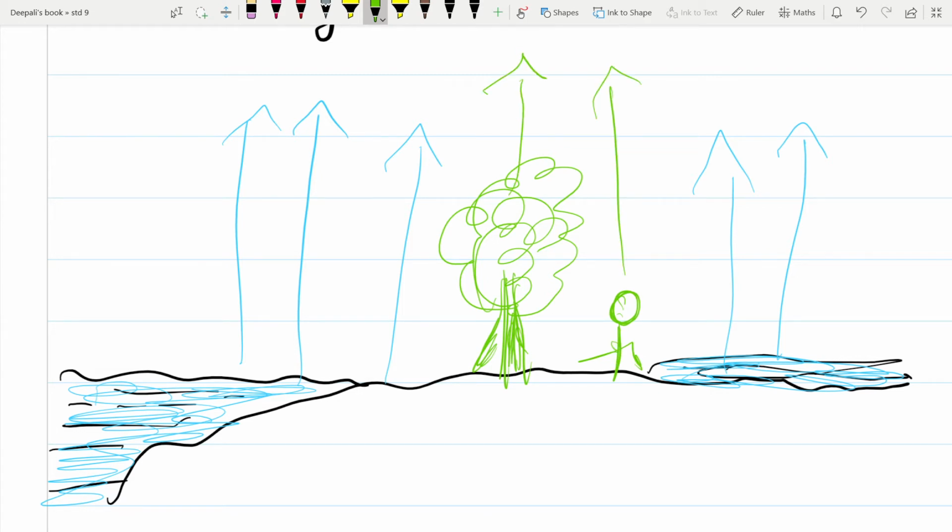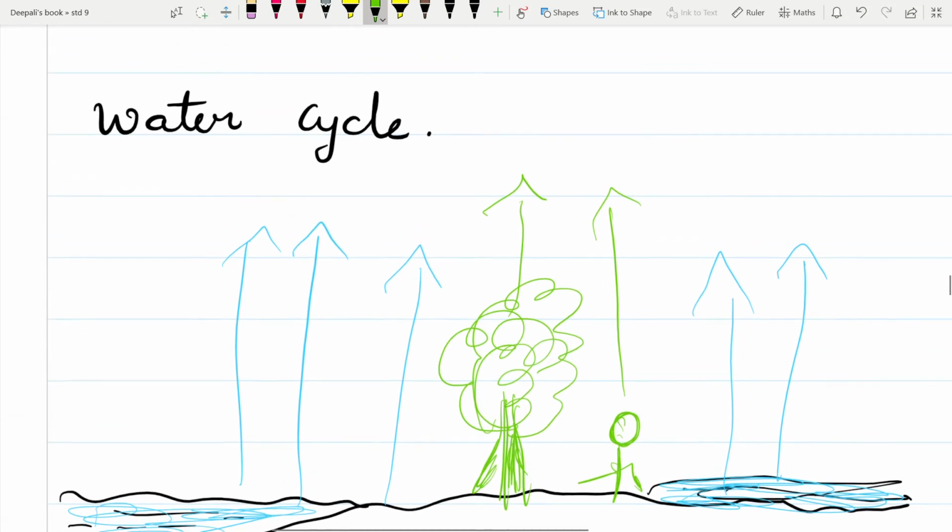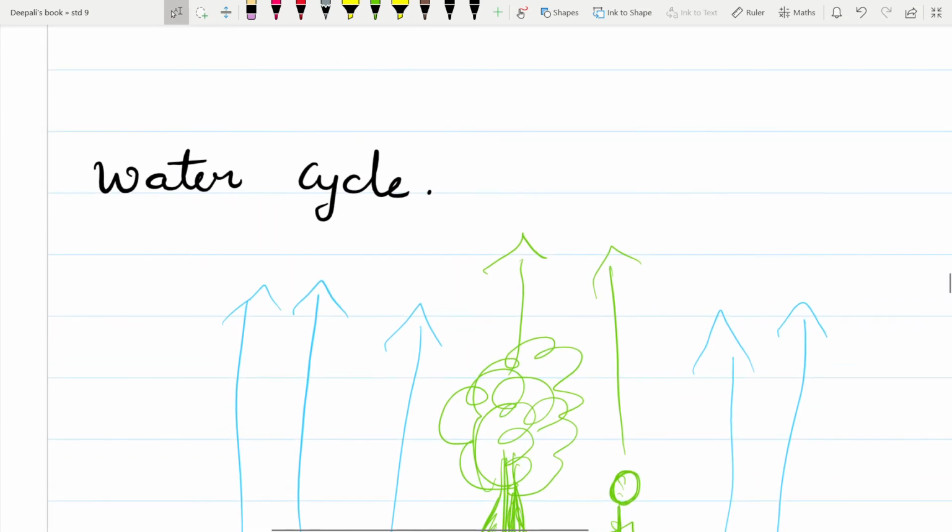Now this water which is transferred into the atmosphere gets condensed and precipitates into raindrops after forming the clouds.